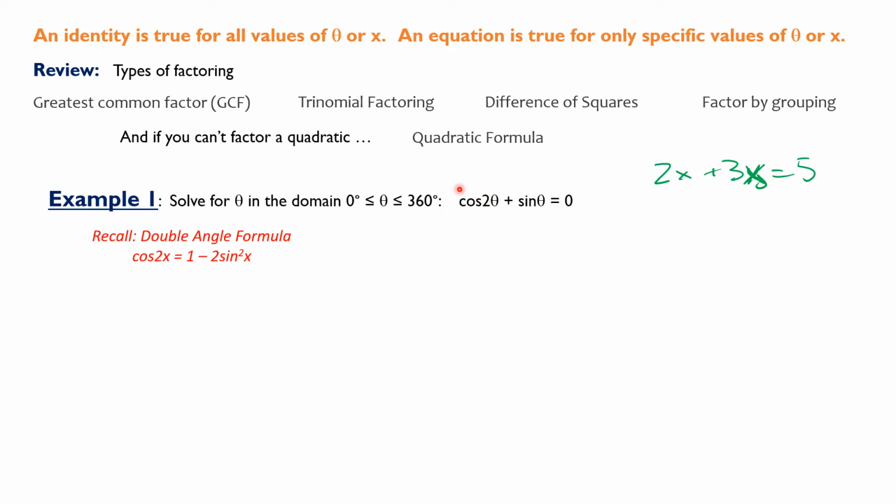And since I'm going to replace this one with something else, and you've got a list of all kinds of identities and formulas that are equivalent, you want to pick something that at least matches the sine theta. And this has x's in it, but we're going to change them to thetas. It's the same. This will work nicely here. So when I sub this in, I put the red part in here. Instead of cos 2 theta, instead of cos 2x, I subbed in this 1 minus 2 sine squared theta.